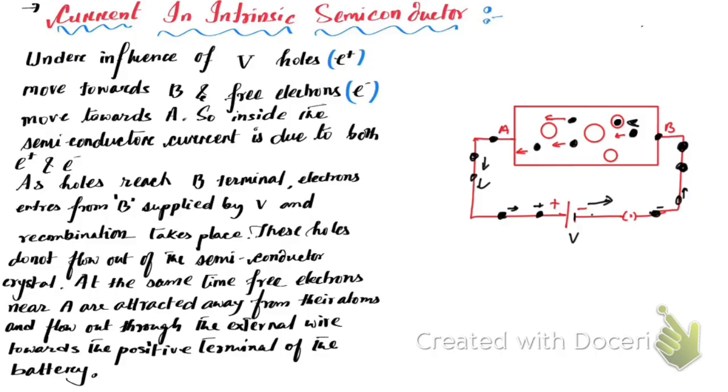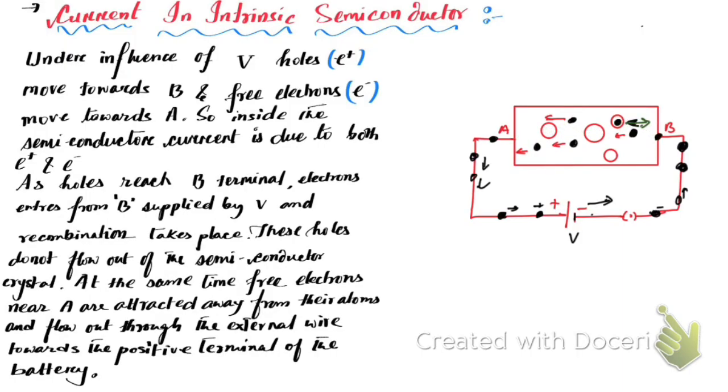Then this electron will jump to this hole, then again a hole will be created, and the next electron will be attracted by this hole. Similarly, again it will be attracted towards the positive terminal, by the end which is connected to the positive terminal, and that's how the flow of electrons continues. Okay, that's how current flows through an intrinsic semiconductor.